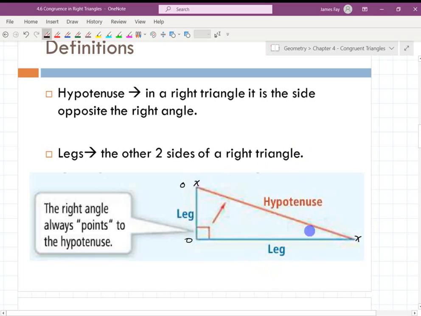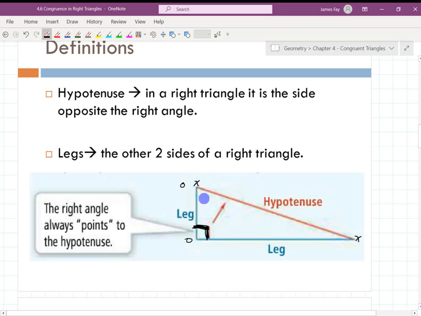What is this angle right here? Now, you can't tell me that it's a number. You don't know the number, but it's acute, meaning that it's smaller than that one, right? What's this angle right here? Acute, meaning it's smaller than that one, right? And haven't we talked about the largest side of a triangle always has to be opposite the largest angle?